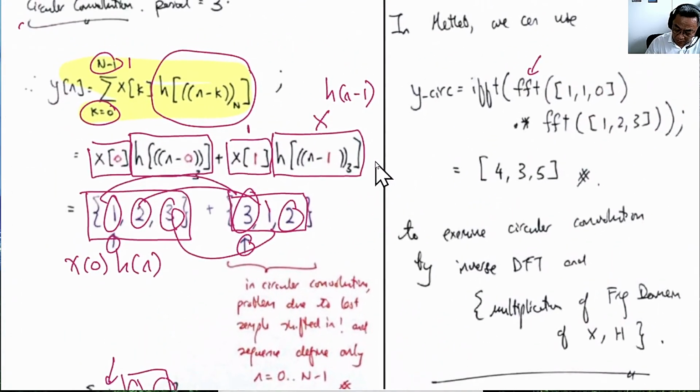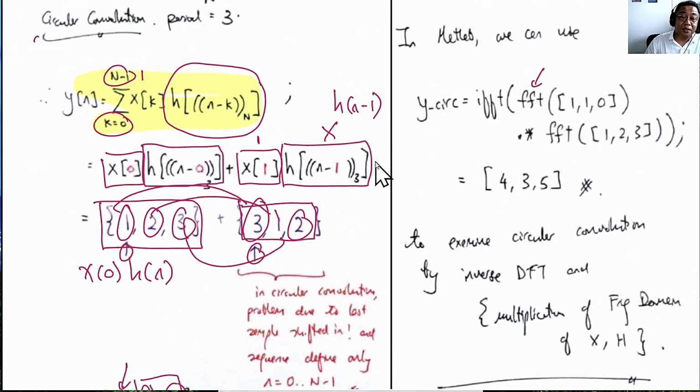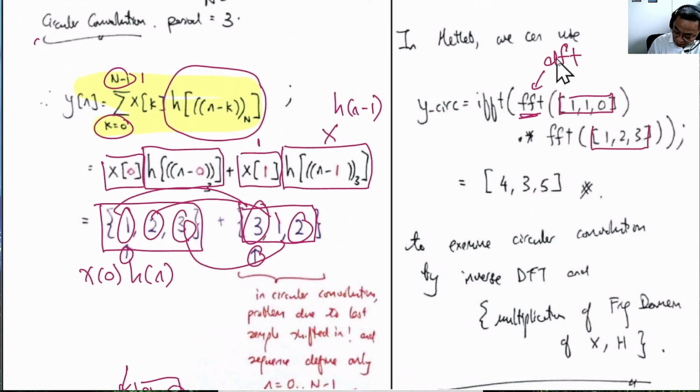How do I show you that this is also the result if I use the frequency domain DFT? I will take the 3 samples and DFT them. In actual fact, we always use FFT because FFT is the fast version of DFT. We'll also take 3 samples of h, so there is the big N part.